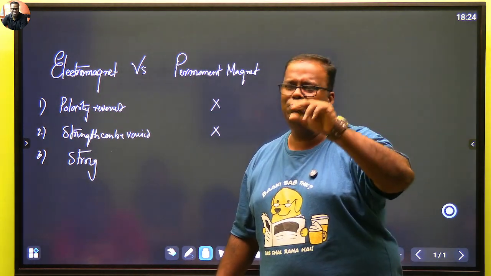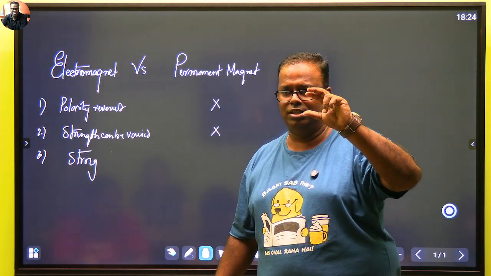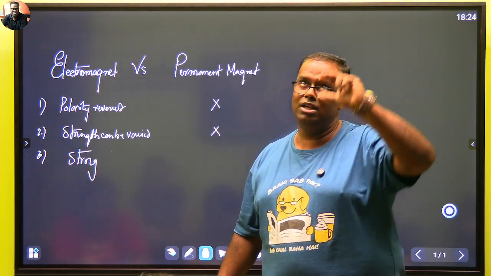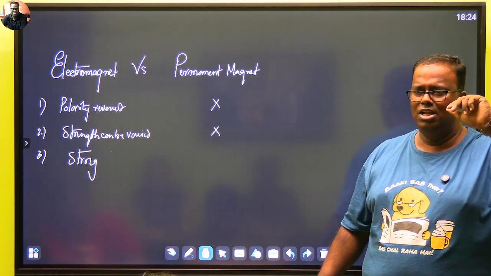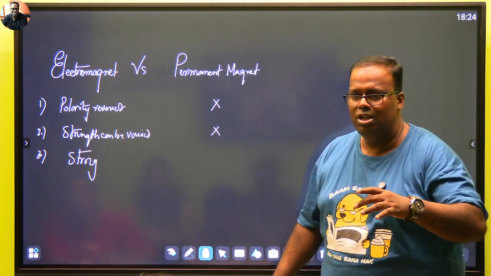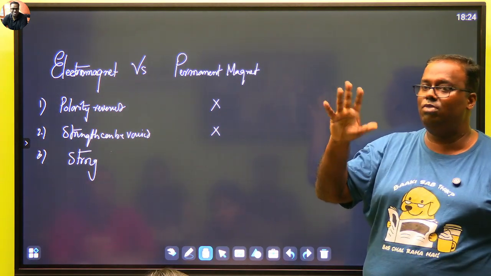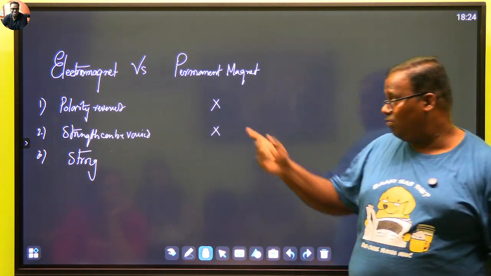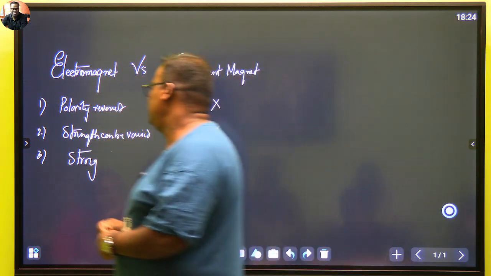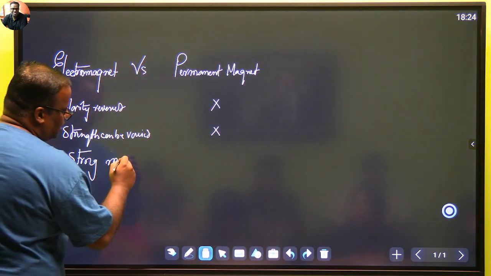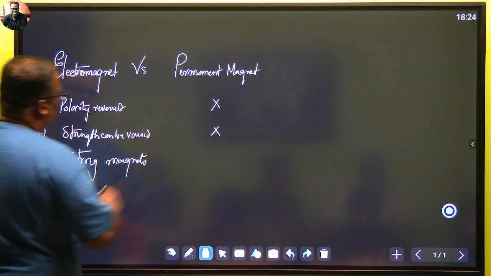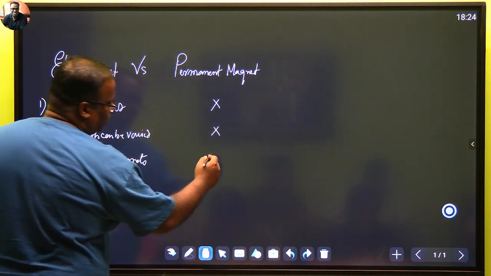Those motors will have permanent magnet. A motor has to have a magnet, and those motors have permanent magnet because it has to move a toy car. But imagine if you have a mixie where the mixer grinder has to turn. There we don't have permanent magnets. There we have electromagnets. So you can actually design strong magnets in this case. Strong magnets, okay, which you cannot do in this case.